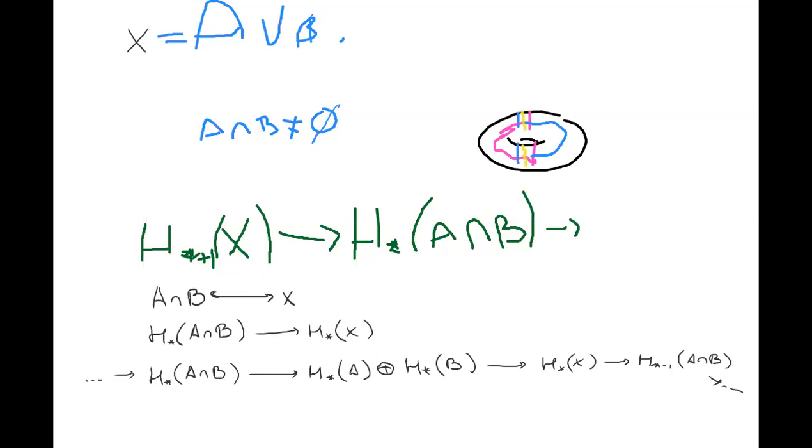Okay, so I don't have enough colors in my Zoom. So you want to take this guy, which is, well, I will use red instead of pink. And you have another one.